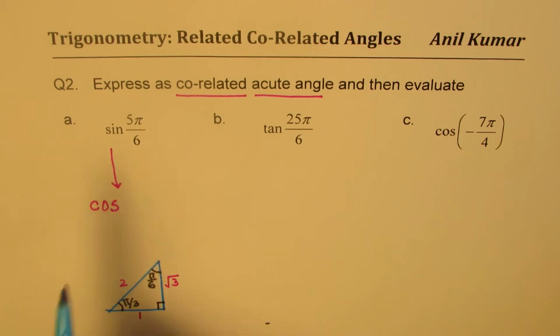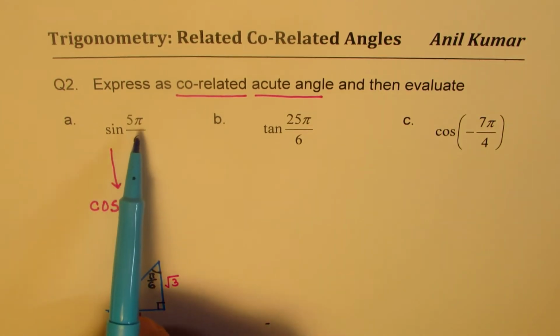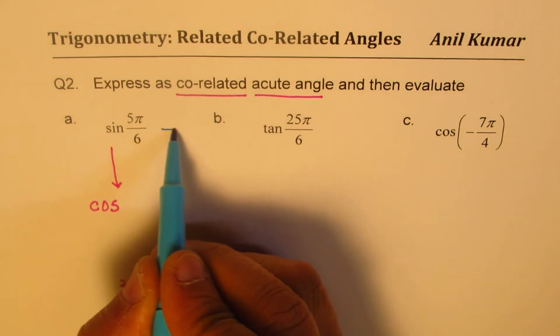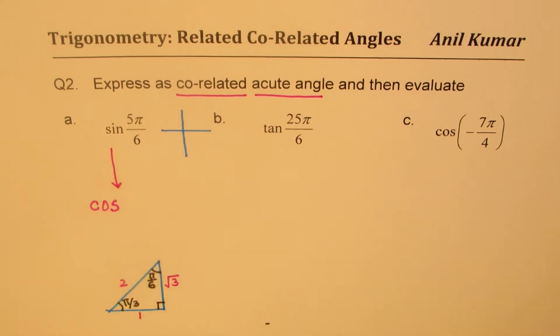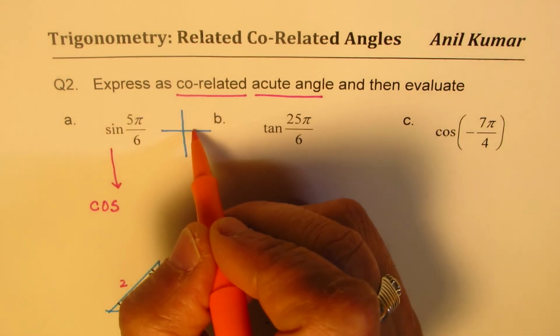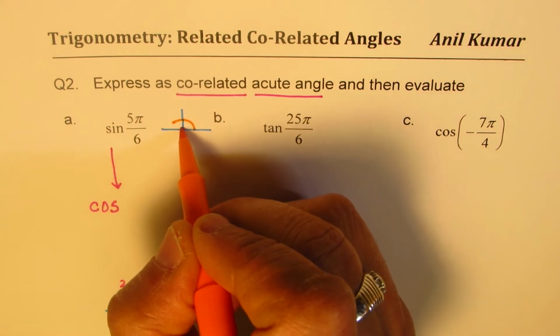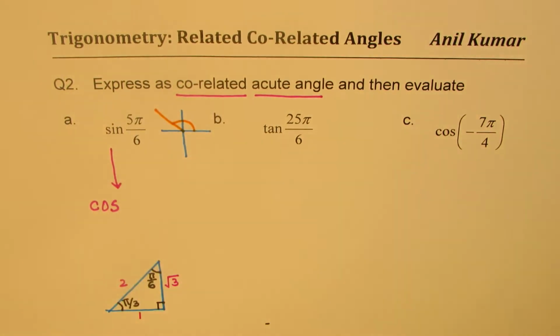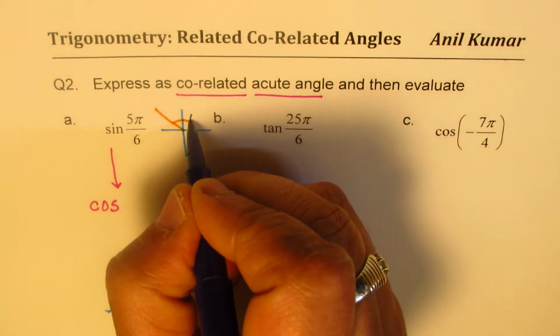So, let's figure this out. When we say sine of 5 pi by 6, we really mean that the principal angle is here, right? So we are in quadrant 2. In quadrant 2, sine is positive. We know all are positive here.